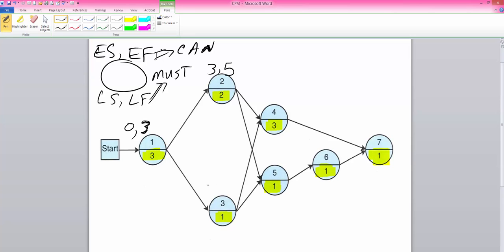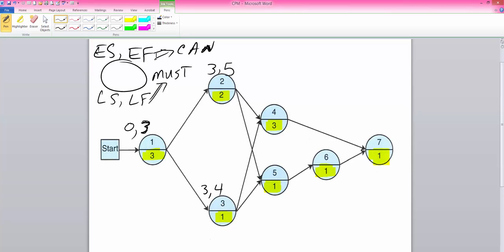By the same logic, I can use 3 for activity 3's earliest start time. Plus 1, we get 4. For activity 4, both 2 and 3 are prerequisites or predecessors. So it cannot start until both of those have been finished.